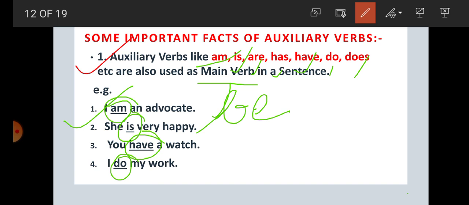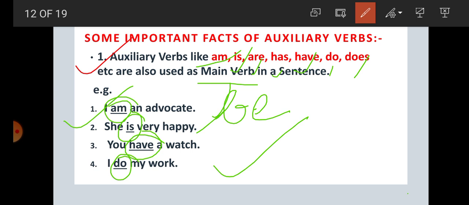So students, here auxiliary verbs like am, is, are, has, have, do, does are also used as main verbs in a sentence. In the first example am, second example is, third example have and fourth example do, they are the main verb in the sentence. They are not the helping verb here because there is no other main verb used in the sentence.